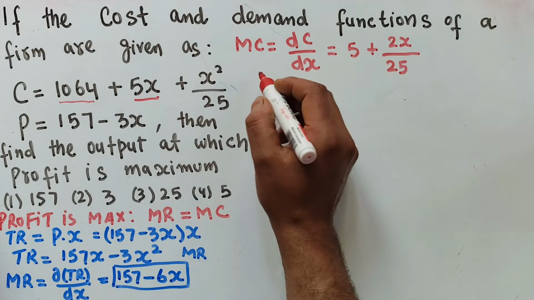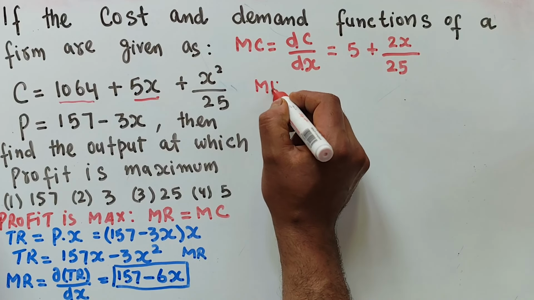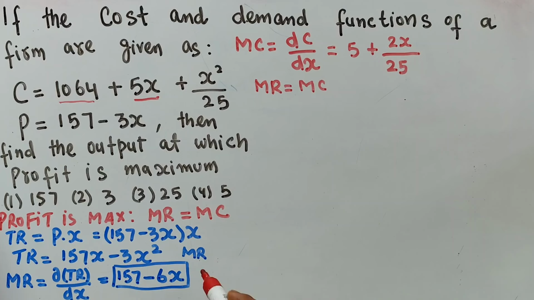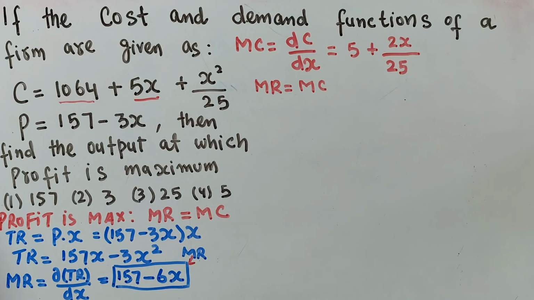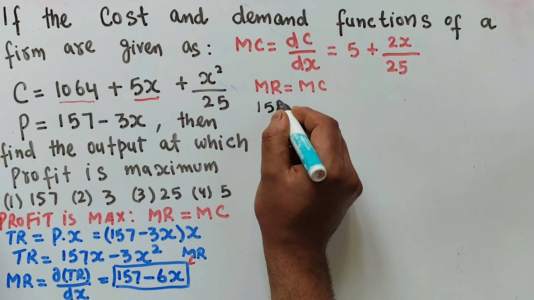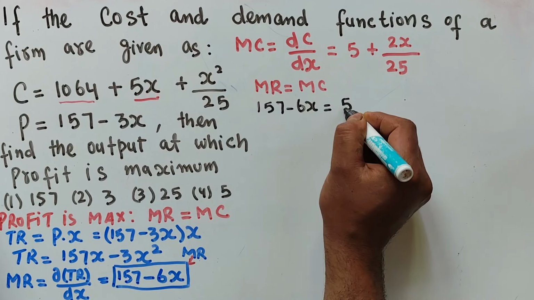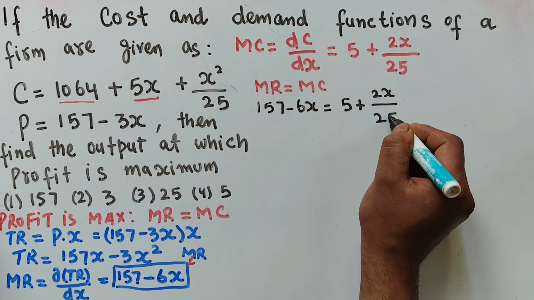So equating marginal revenue with marginal cost, marginal revenue is this very function, marginal cost is this very function. Let us equate them with each other. That will give us 157 minus 6x should be equal to 5 plus 2x upon 25.